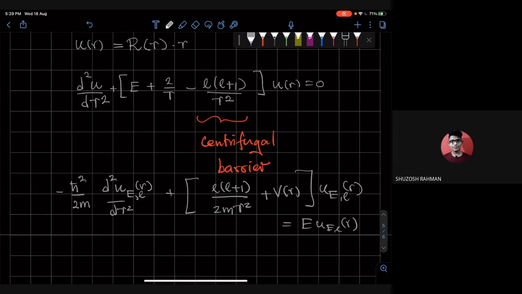Okay, so this is the special case where we are taking the units where h-bar is 1, m is half, e squared is 2, and V of r is minus 2 over r.